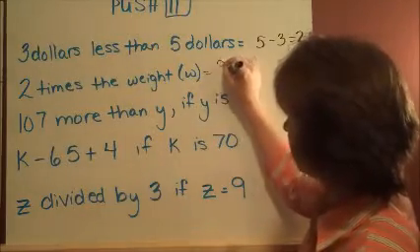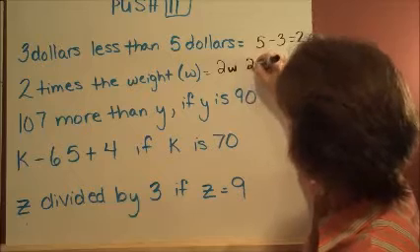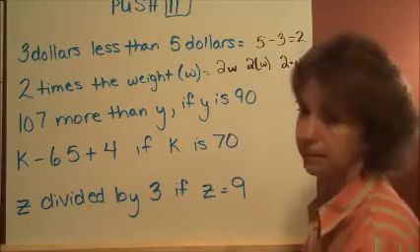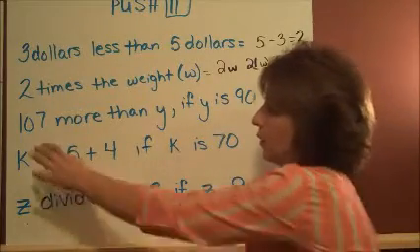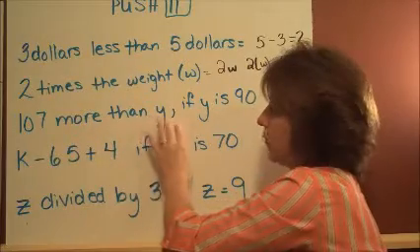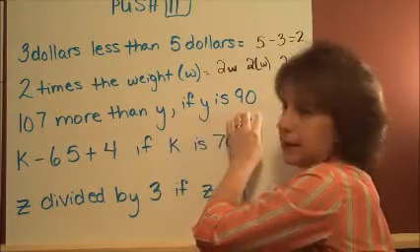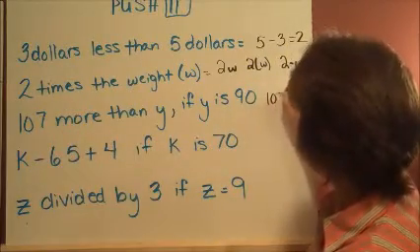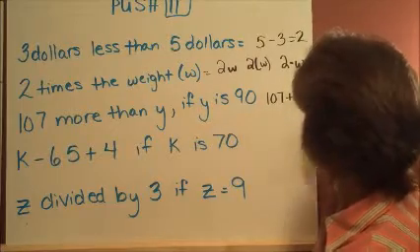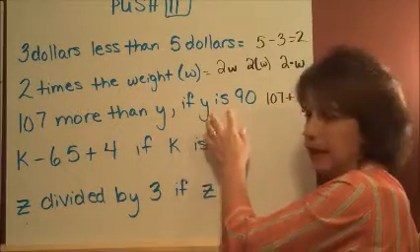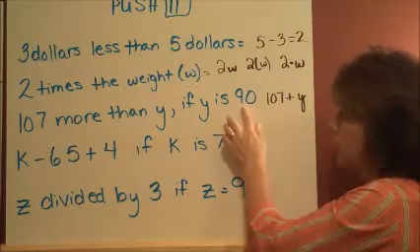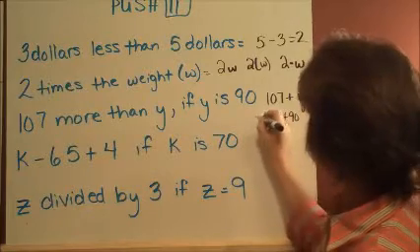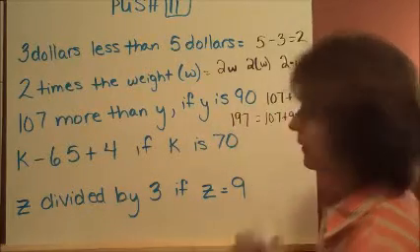So you could have written 2w, or 2 times w. 107 more than y if y is 90. So first I must write my expression 107 plus y, and then it says if y is 90. So instead of y, I'm going to write a 90. 107 plus 90 equals 197.